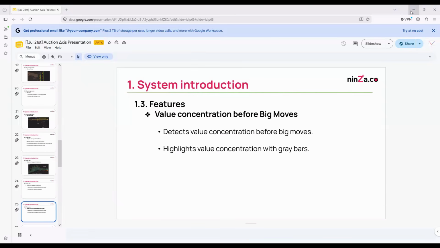Let me just put it in Zoom. One minute. Zoom, share. Why can't I find it in Zoom? Here it is. Okay. Share.